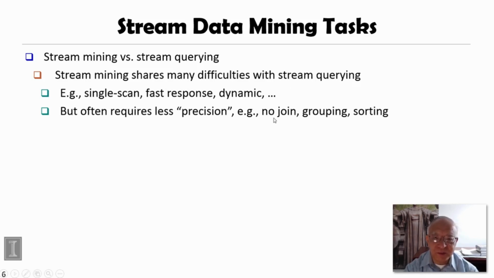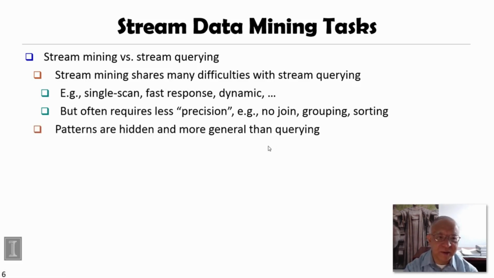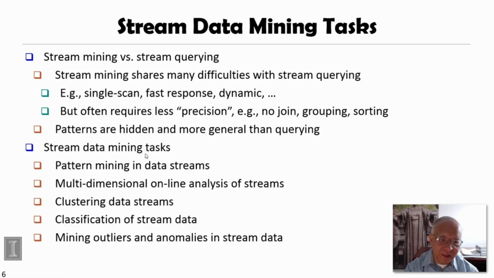You may need to perform join, grouping, and sorting, and in streams, join and sorting algorithms are pretty difficult because you cannot see the past data, and you cannot predict the future incoming data either. But patterns are hidden. They are more general than querying, so their processing is different. Actually, for stream data mining, there are already lots of research and development activities.